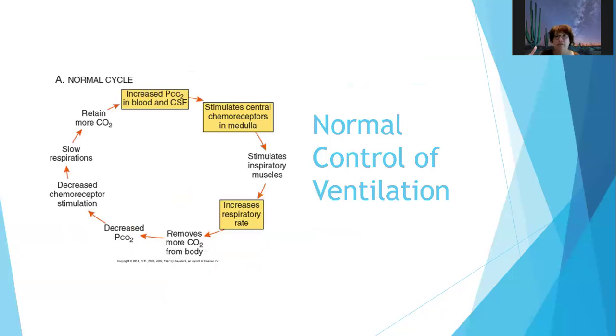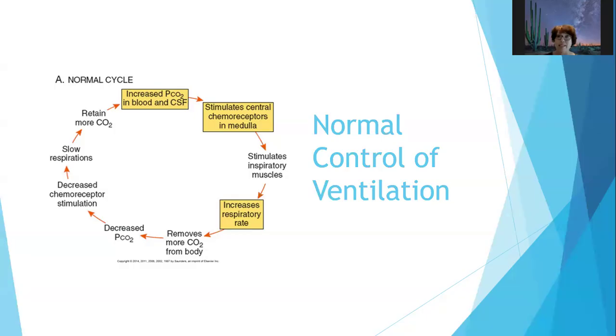So normally, the chemoreceptors detect an increased level of CO2. And when we say PCO2, it's the partial pressure of CO2 in the blood and cerebrospinal fluid, and that stimulates the central chemoreceptors, which stimulates the inspiratory muscles, which increases the respiration rate, which removes more CO2 from the body.